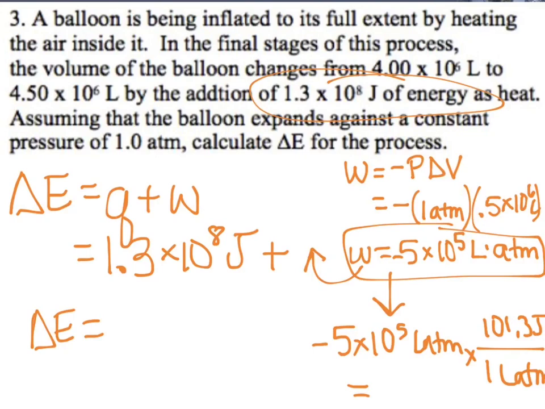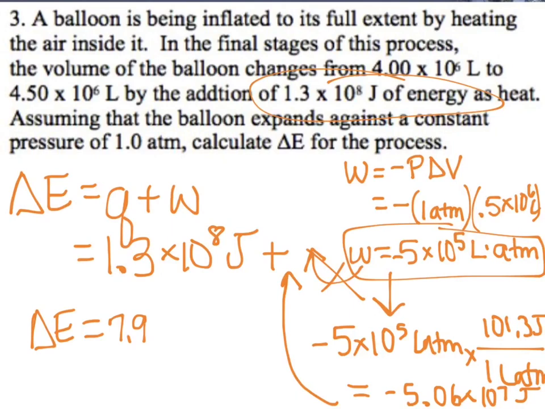I have this right here on my paper too. So that means I get negative 5.06 times 10 to the 7th joules. And that is what's plugged in to our energy. Add those two together, you get 7.94. We're adding, so it should be just one decimal place, so 7.9 times 10 to the 7th joules.